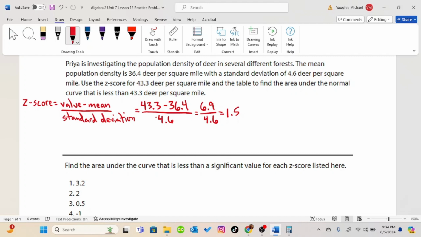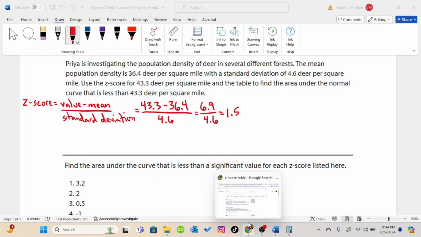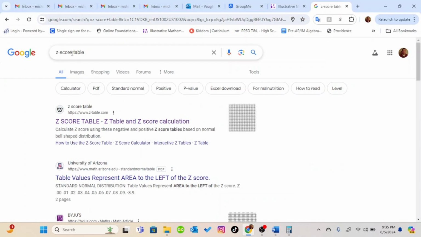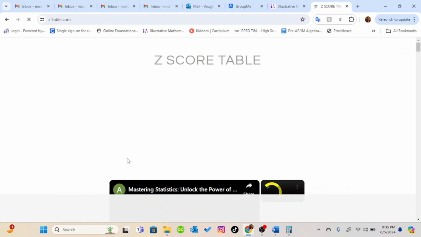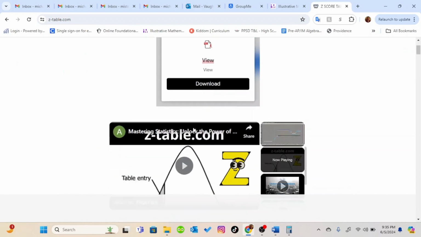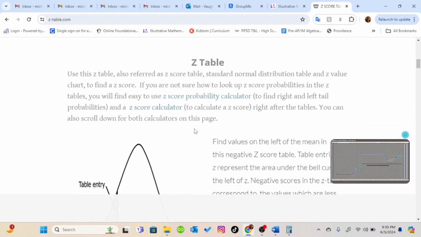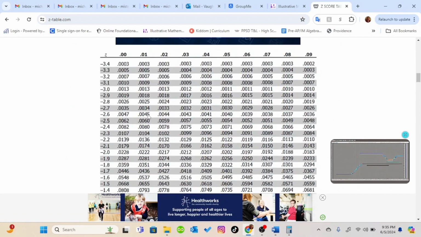Now, when it talks about the table, it is talking about a z-score table. You can simply Google z-score table and pick any of the choices that come up. As we look at this, on the left column, we have the different z-scores. This one starts at negative 3.4 and increases by 0.01.